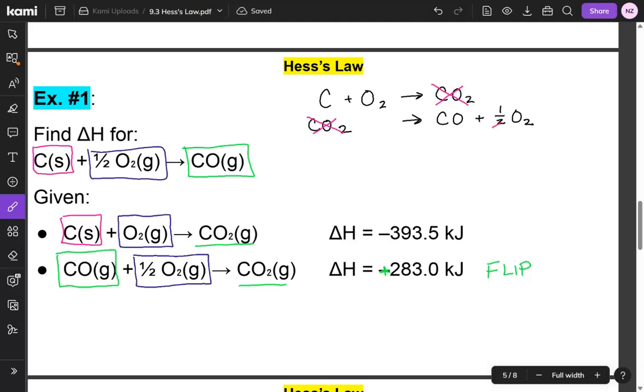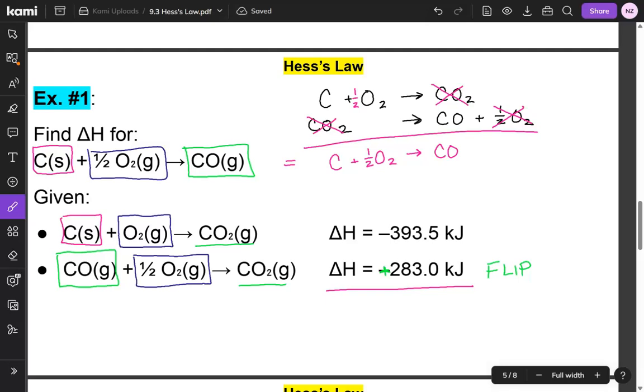Now, I can get rid of half O2 here, and I can cancel out half of my oxygen in the first reaction. So I'm still left with a half. Now I add up what's left on both sides, so I have carbon plus 1/2 O2. That goes to carbon monoxide. And oh, look at that. It matches up with our original equation.